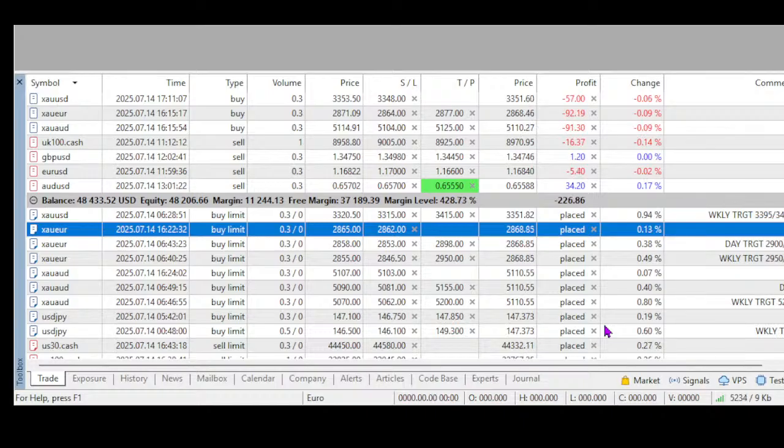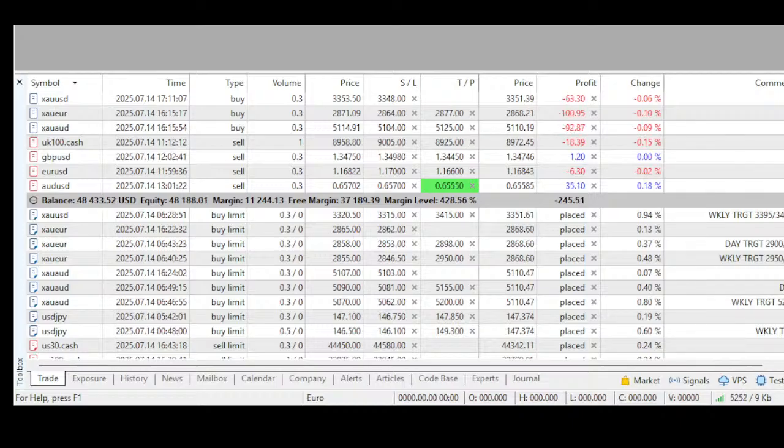Now the gold is back to 51.5, our entry level. Looks like the gold is showing some weakness.